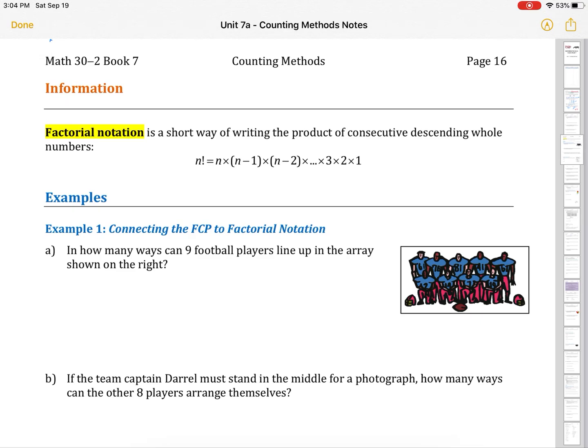Now, factorial notation, and I think I've talked about it, it's a short way of writing the product of consecutive descending whole numbers. So like I said, 5 times 4 times 3 times 2 times 1. So we're consecutive, we're going down by 1, and we're whole numbers, so there's no negatives, and there are no fractions or decimals.